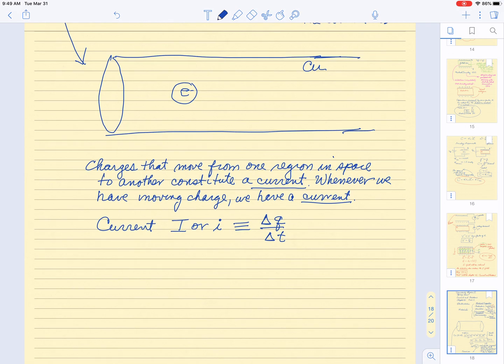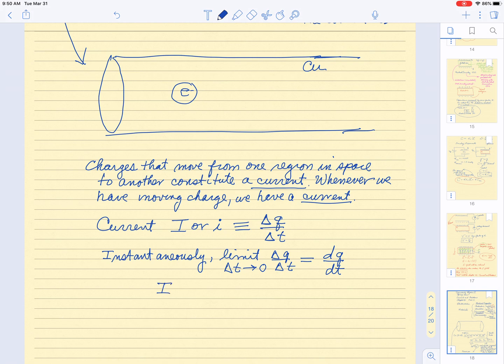And if we were to look at this instantaneously, that is in the limit that we close down the observation time window to be very, very small, then this becomes equal to dq/dt.